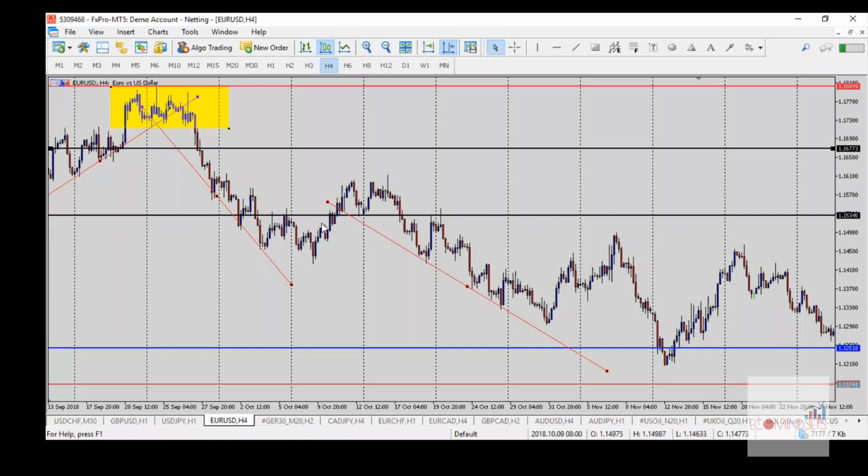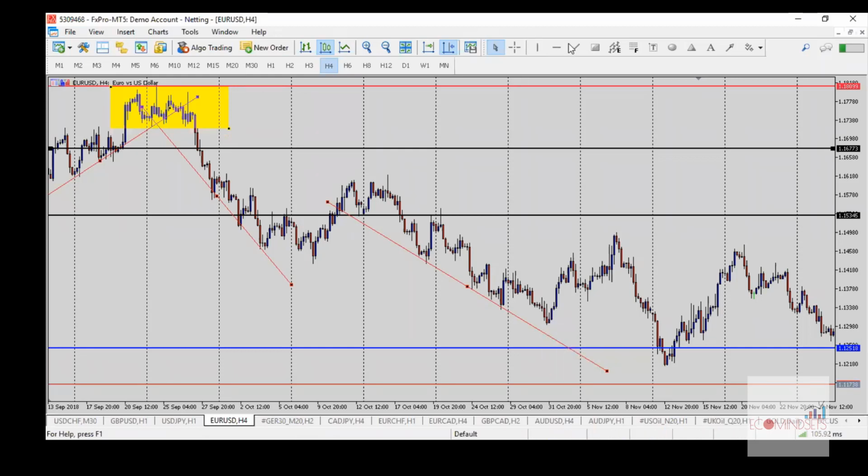But then there was a little retracement or pullback, and then price came to form a new high here, which is still lower than the previous high that we had, and that makes it a lower high. And then price pushed back down, forming a new low, which we refer to as a lower low.